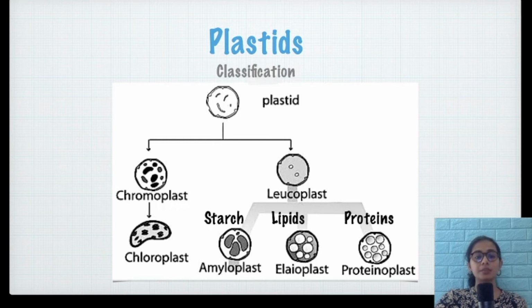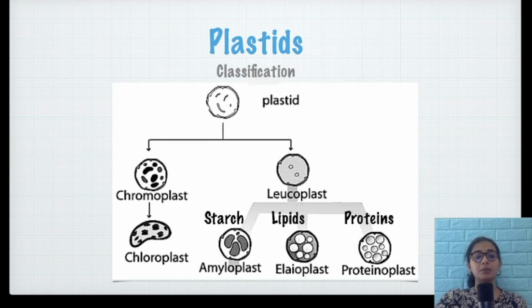Alright. So, the most important chromoplast is the chloroplast, because it has the green pigment called chlorophyll, which helps the plants in photosynthesis. So, it forms the backbone of plants by helping the plant to make food, right?